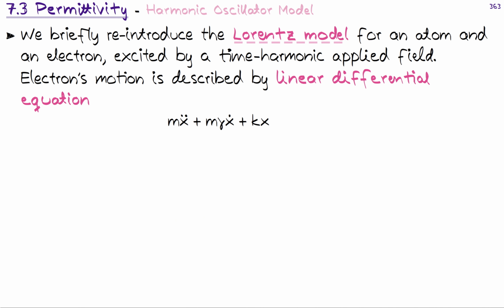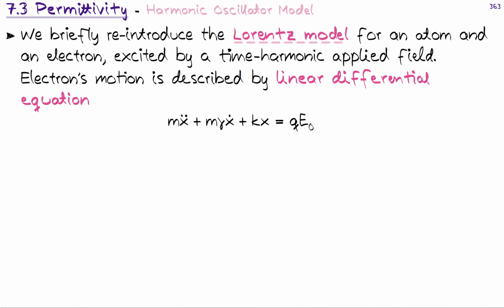This is the harmonic contribution arising from the fact that the electron is bound to the nucleus, to the atom. So we have the k, the spring constant arising from the electrostatic forces that bind the electron to the atom. That gives us a restoring force and puts the electron into an oscillatory motion, and not a free motion as we have in the Drude model.